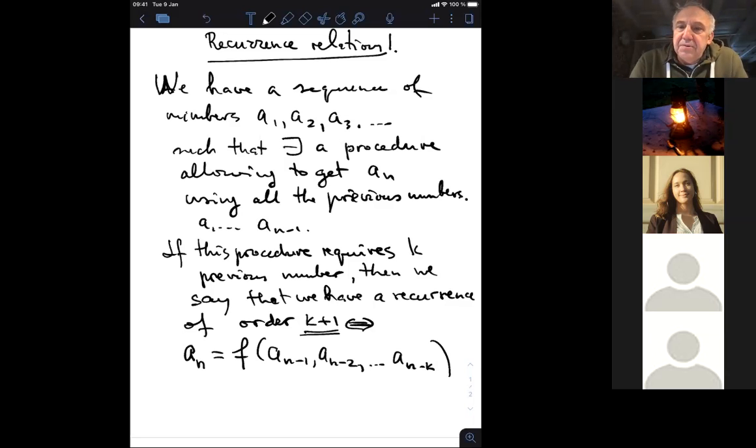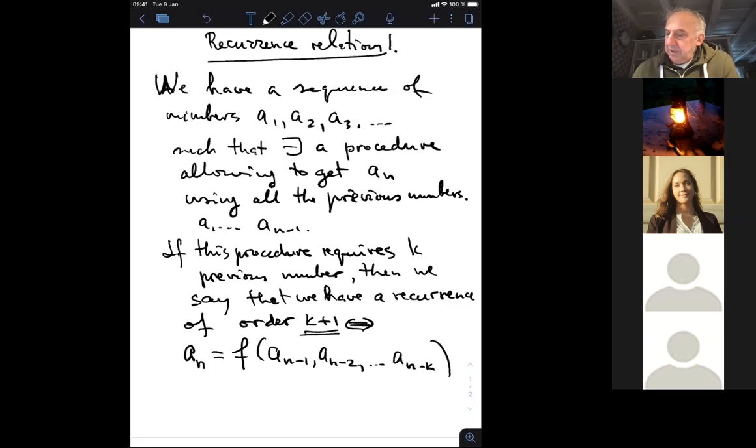But this is usually not what we want. I don't know if there is a general theory of such recurrences, but usually they are not very useful. A useful situation appears if only a fixed number of previous entries are required to restore the next one. Okay.